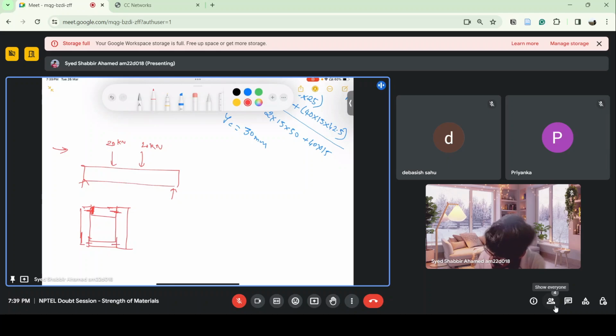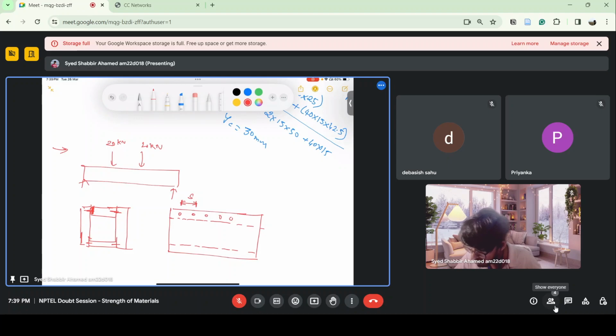And if you see this from the other direction, you can see. So nails are there. This distance is, let's say, S. So this spacing between two nails is S. And the dimensions of the cross section are given like this.